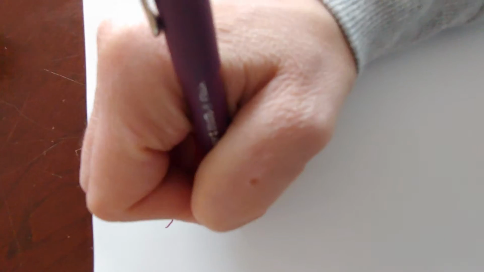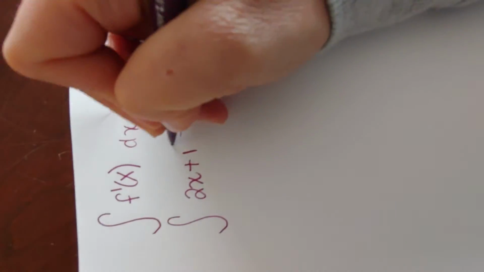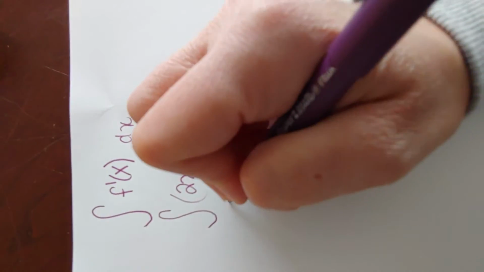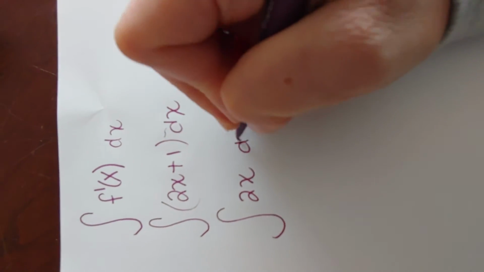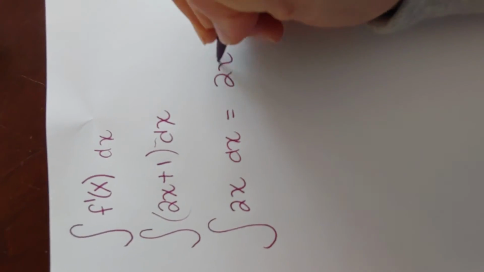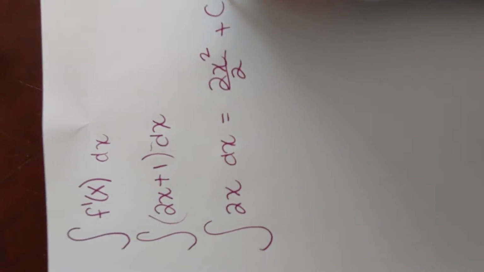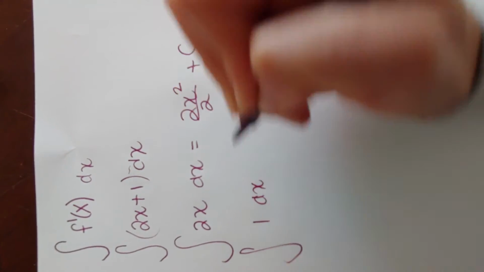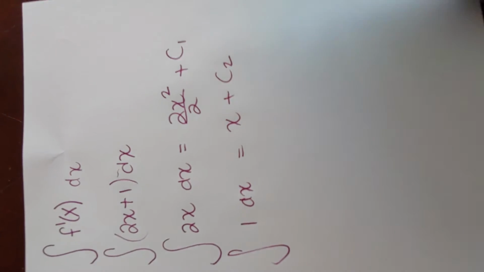So I'm going to integrate 2x plus 1 with respect to x. All right, so this one has 2 pieces, so I have to break it up. Integrating 2x with respect to x, I get 2x, add 1 to the exponent and divide by it, plus some constant. Integrating 1 with respect to x, I get x plus some constant.